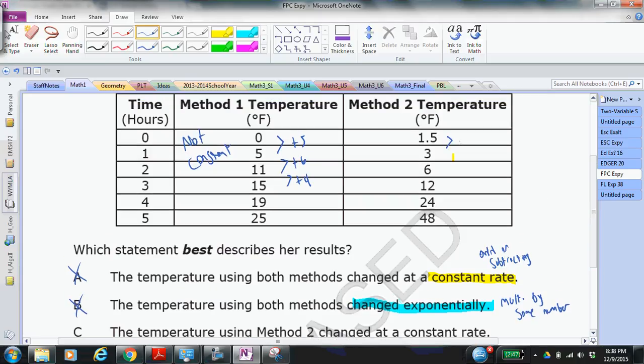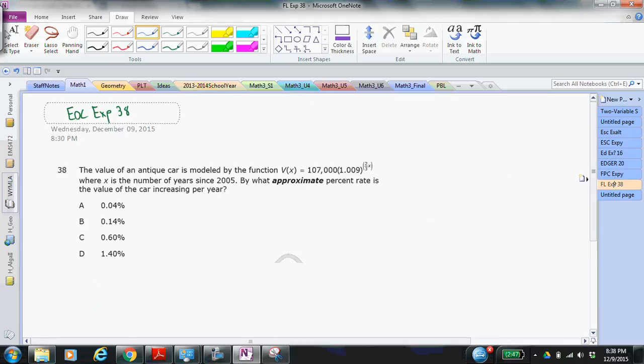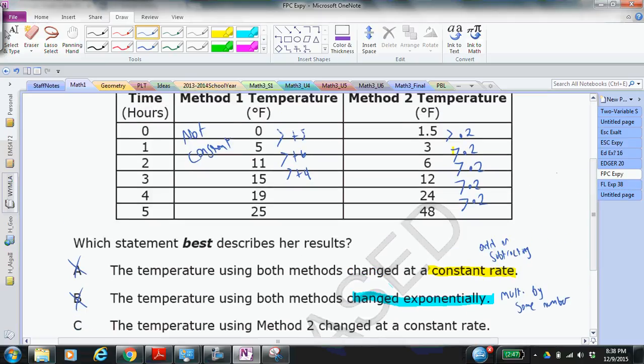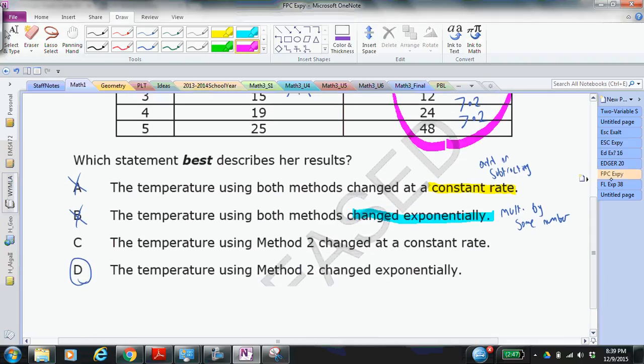If I look at this one though, it's clear that it's multiplying by 2 every time. So that's exponential growth all the way through. The temperature using method 2 changed exponentially. Sorry, I think my mic fell out there. We can see the second column is multiplying by 2 every time. So that means the temperature using method 2 changed exponentially.